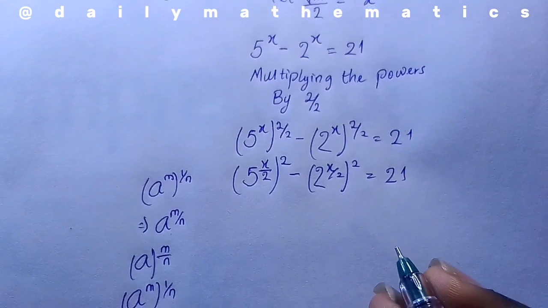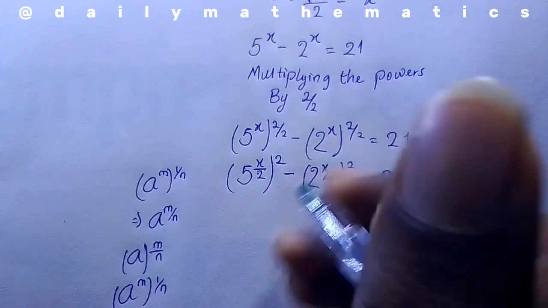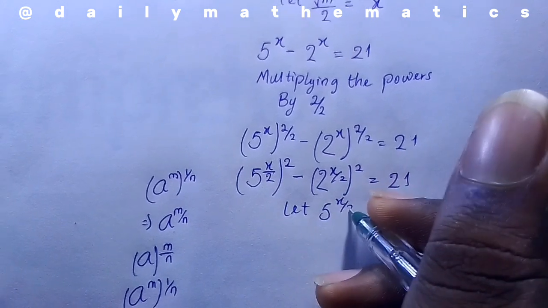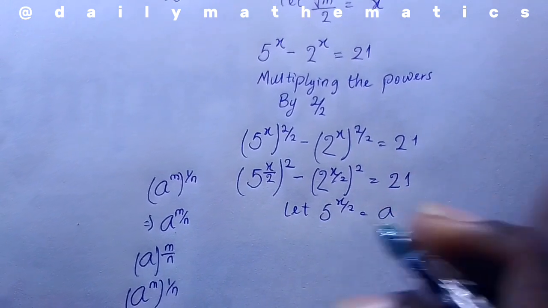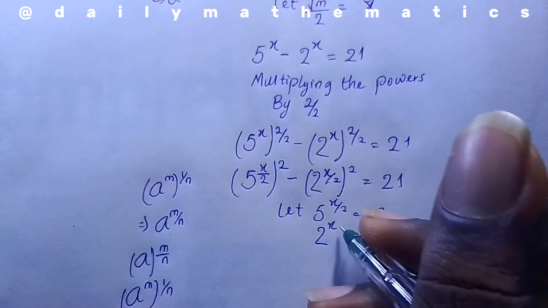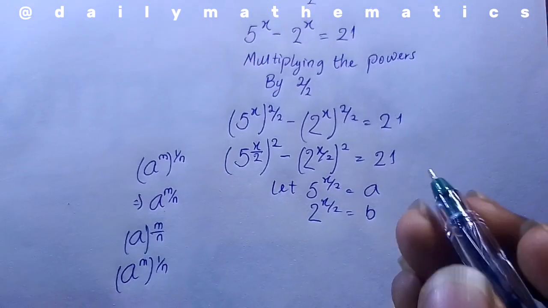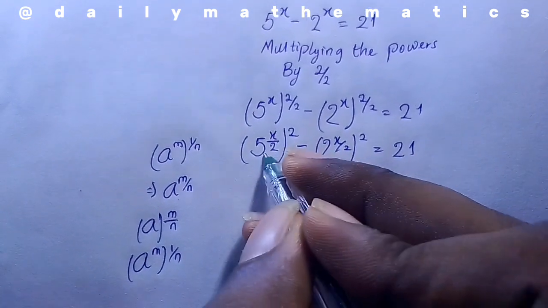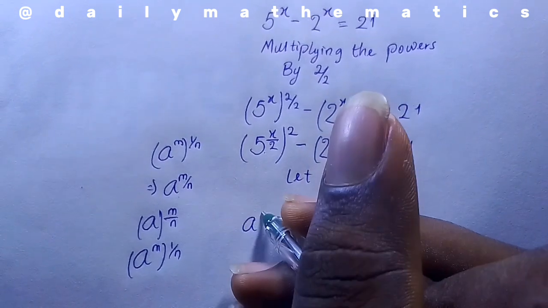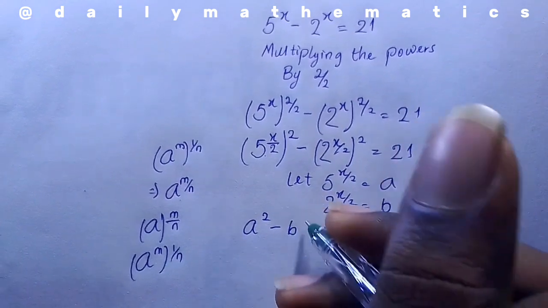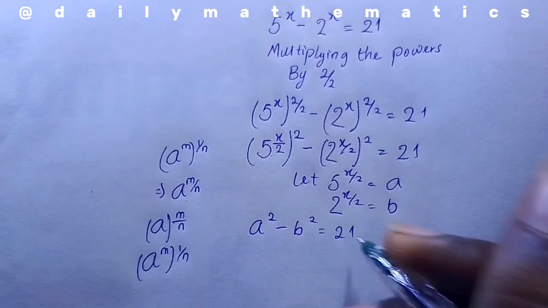So from here we can say, let 5 raised to the power of x over 2 equal a, and let 2 raised to the power of x over 2 equal b. So this now becomes a squared minus b squared equals 21.